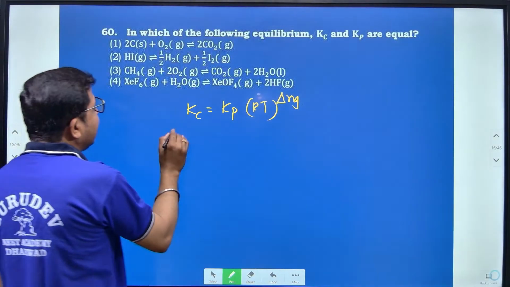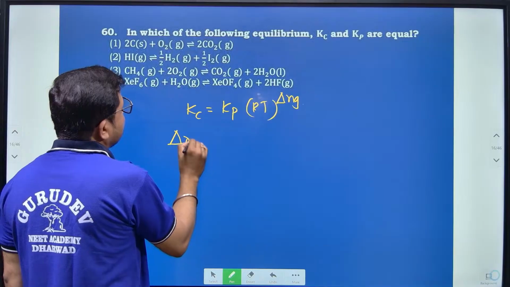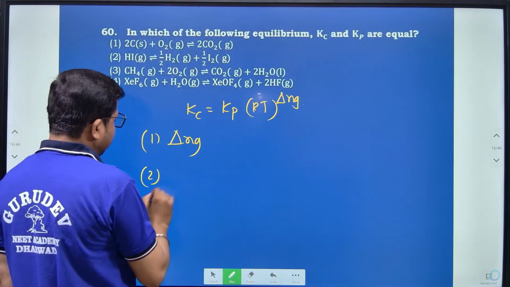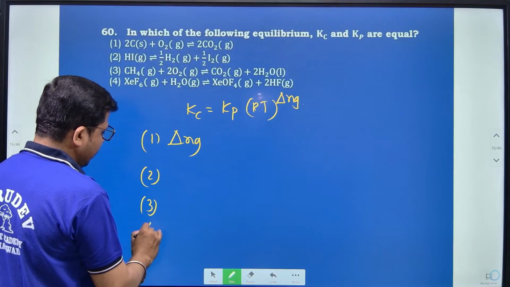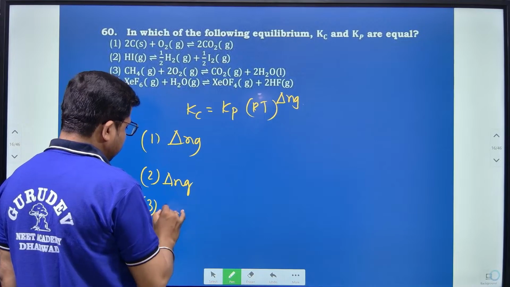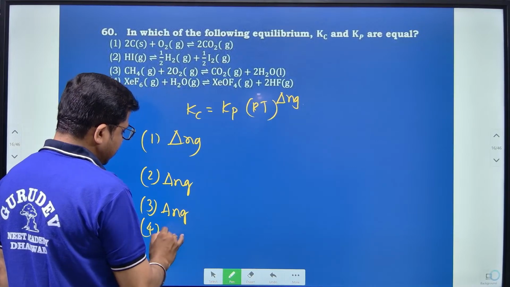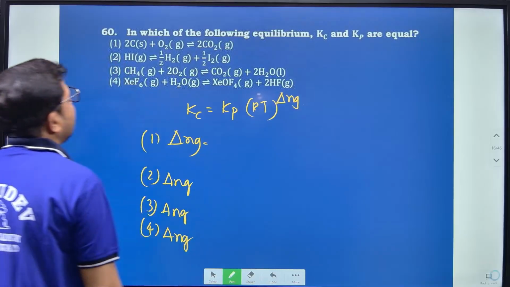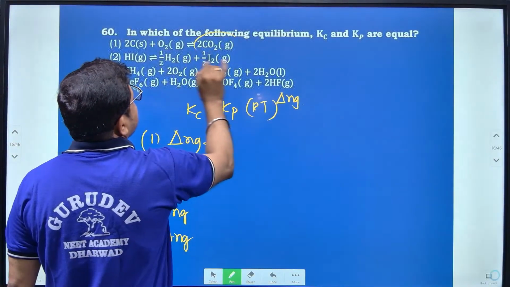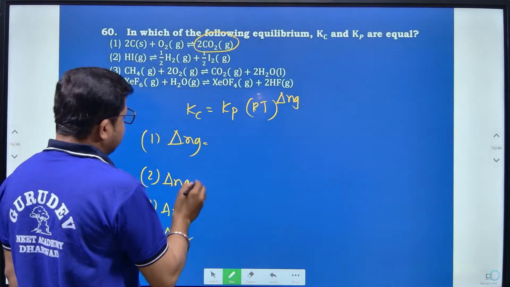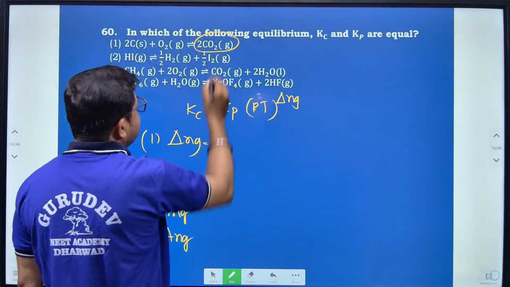Let's calculate the delta Ng of all 4 options. First one, second one, third one, fourth one. Look at this. First one, in the product side there are 2 gaseous molecules.